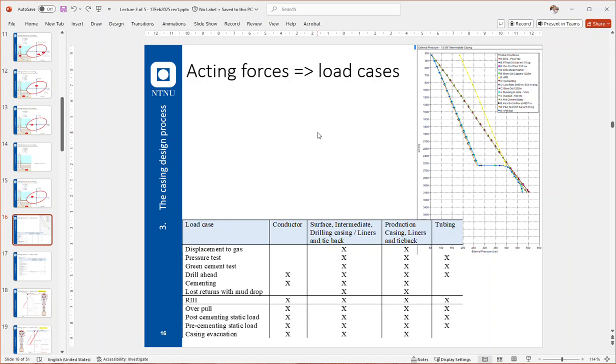Lost returns with mud drop. That is a load case where we are simulating that we are having total losses. And the drilling mud will drop until the column of mud that remains in the well balances the pore pressure, not the fracture gradient, but the pore pressure.